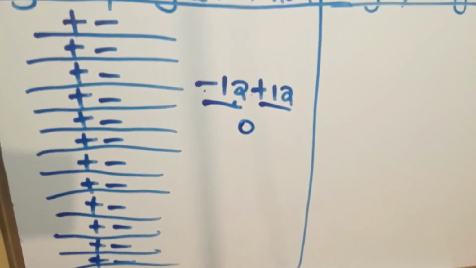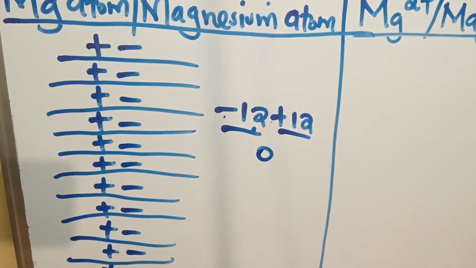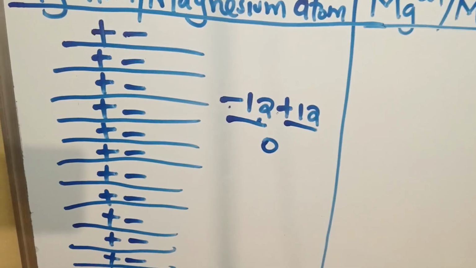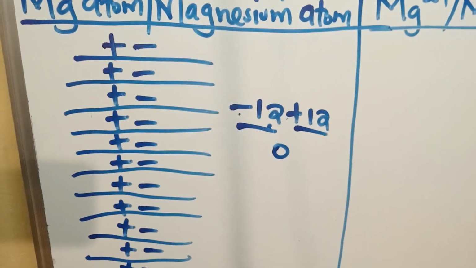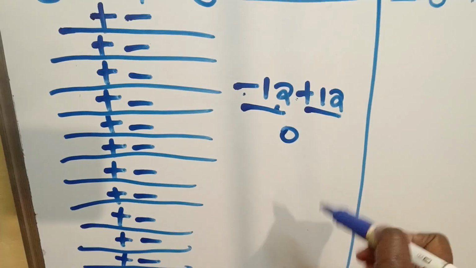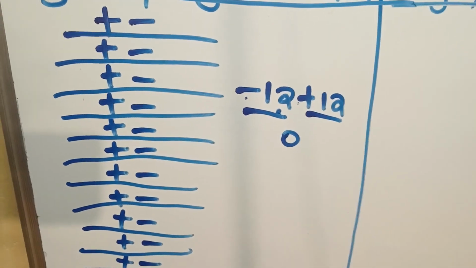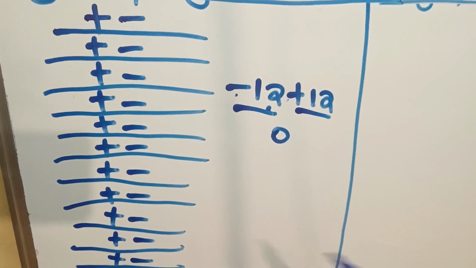I need to say at this point, though we never said it in our last video, that when we say an atom is electrically neutral, it means the overall charge on an atom is 0. We cannot say it is positive or negative.